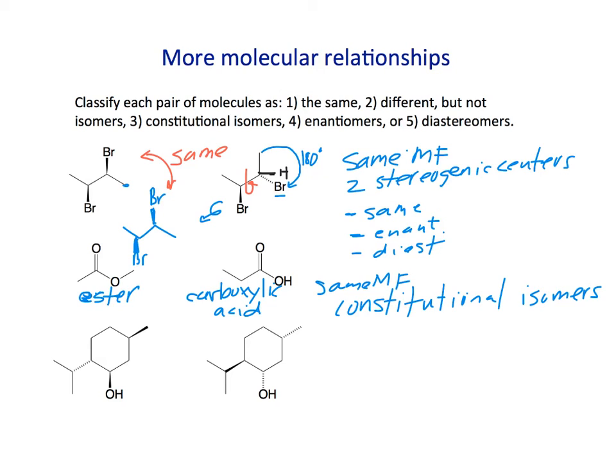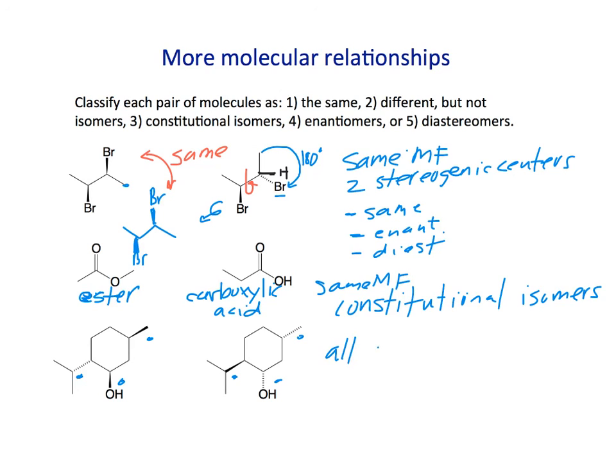All right, one last problem. Okay, these structures look like they have the same molecular formula and the same connectivity. All the groups are in the same place. But notice each of the chiral centers, this methyl group here is pointing up, this one's back. The OH is pointing up, this one's back. This isopropyl group is back, this one is up.